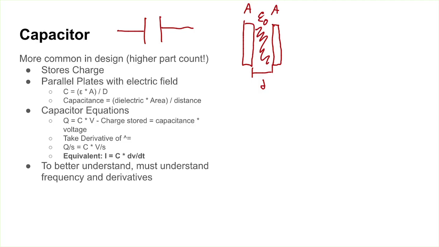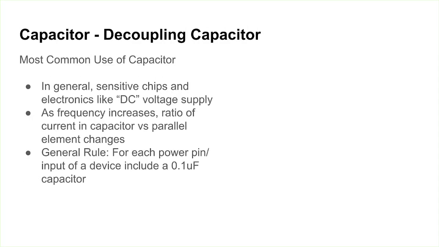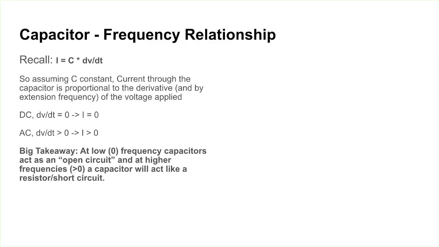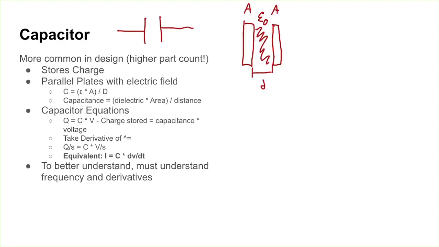But the values we can play around with are the area and the distance. So as the distance decreases, the capacitance will increase. And as the distance increases, the capacitance will decrease. And then the same idea with the area. You can derive that for yourself.